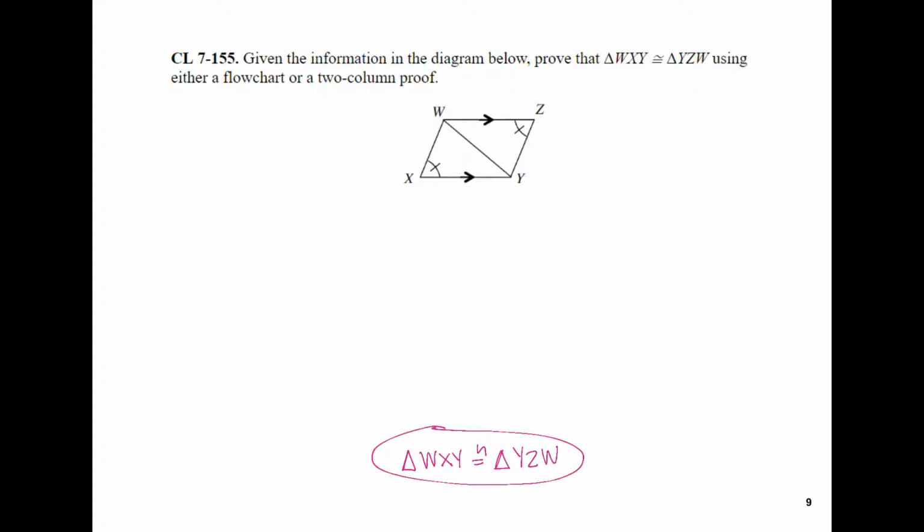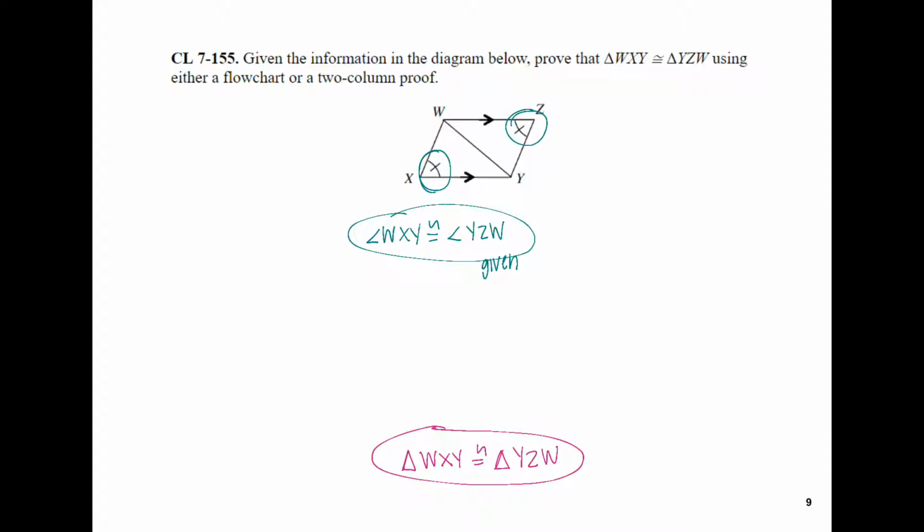I'm trying to come up with some congruent parts to state that these two triangles are equal. Looking at my picture, I know that angle WXY is congruent to angle YZW, and I know that because that information was given. So don't forget to put your justification.